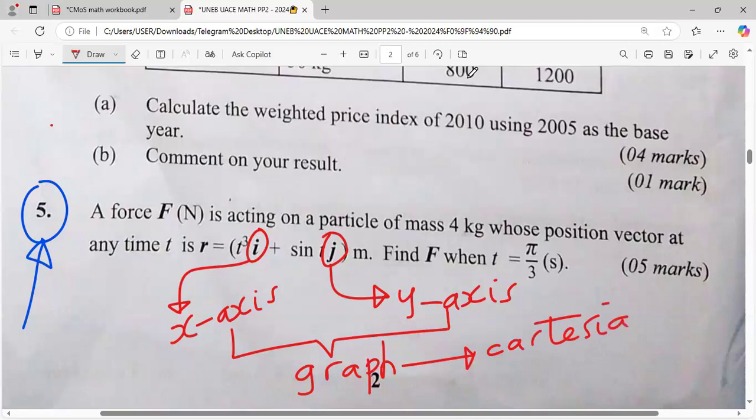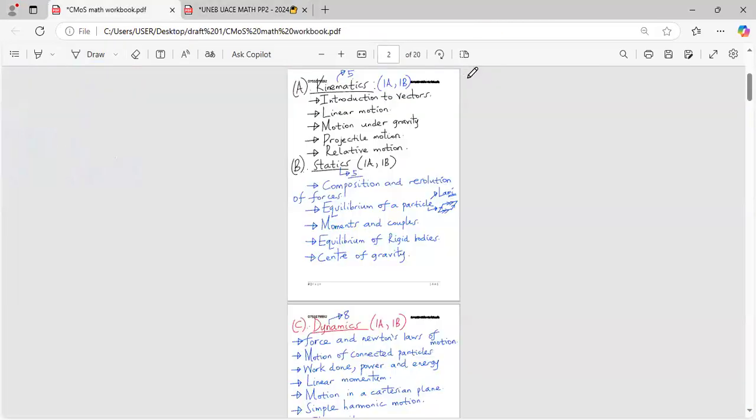Let me hope people are aware that a graph is actually a Cartesian plane, and they are talking of motion. Of course, without a force, we can't have motion. So this is motion in a Cartesian plane. Have you seen the second topic?